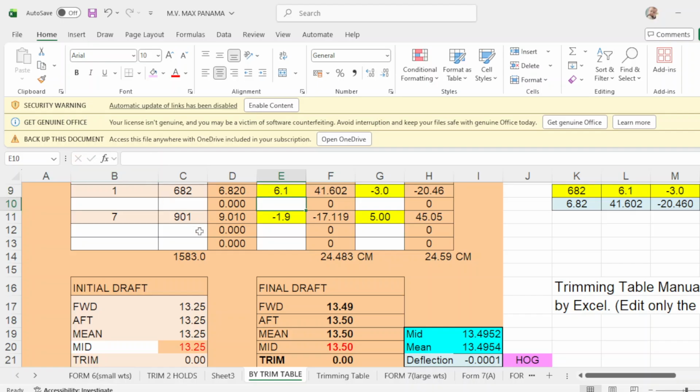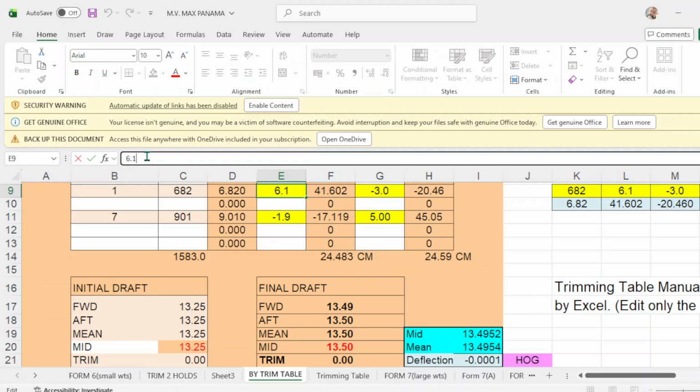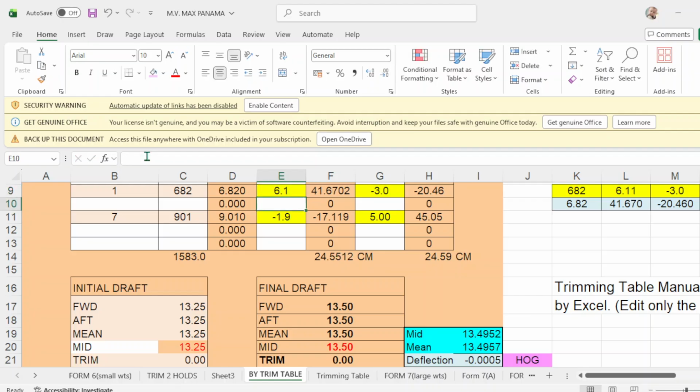Okay, that will be 1. Then you have even keel, 13.5, all even keel. So what you have to do is adjust this one.